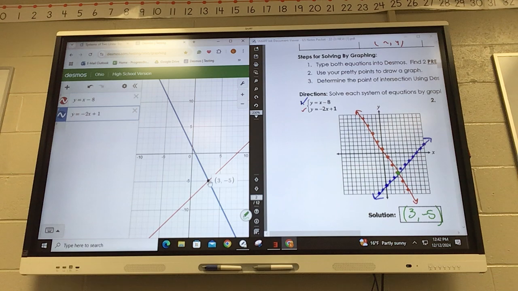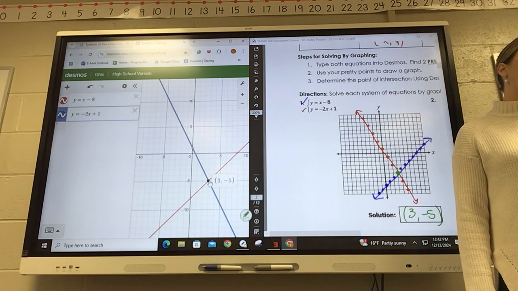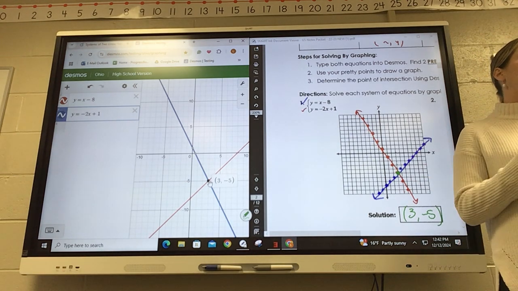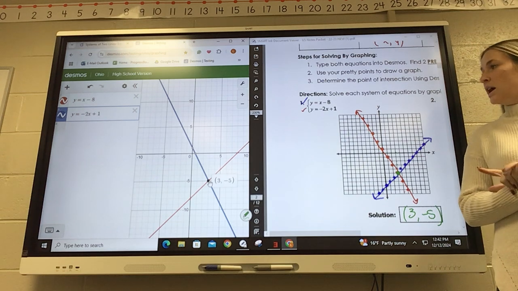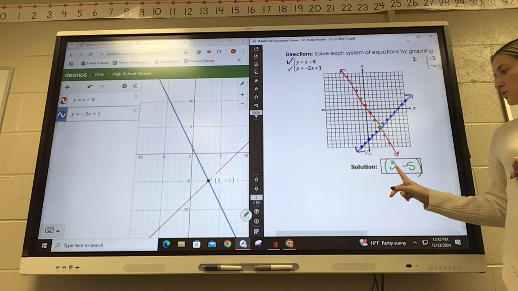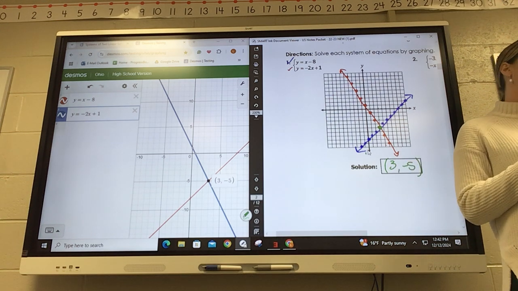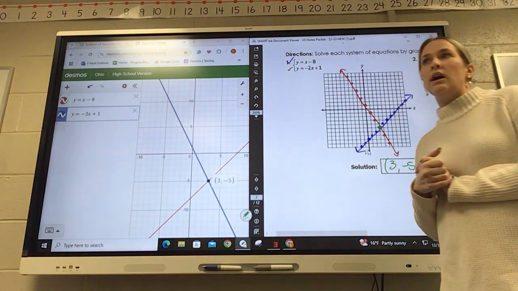Does Desmos tell you 3, -5? Yeah, so I like graphing it on Desmos better for 2 reasons. One, it's not going to make a mistake graphing your lines, period, whether it's negative slopes, positive slopes, anything. And 2, you can literally just click your ordered pair. Some of you guys do -5 first and +3 second, so it kind of helps with those small little mistakes.